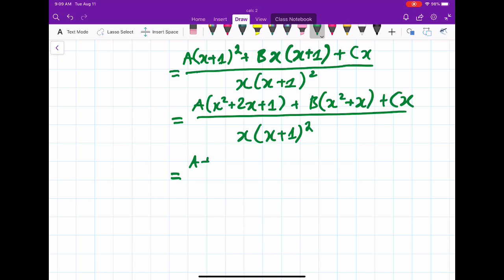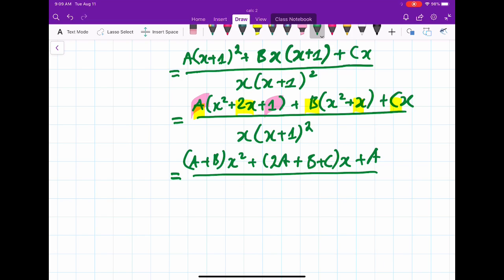Then I will group all terms with x squared together. I have (a plus b) x squared. How about x? For x I have 2ax, bx, and then cx. So I have (2a plus b plus c) x, and the free coefficient is a only.